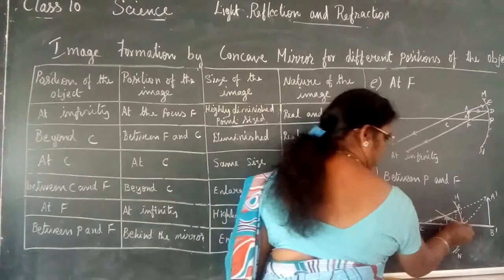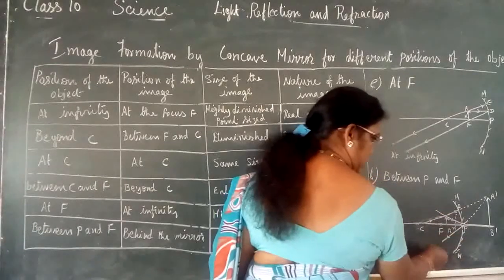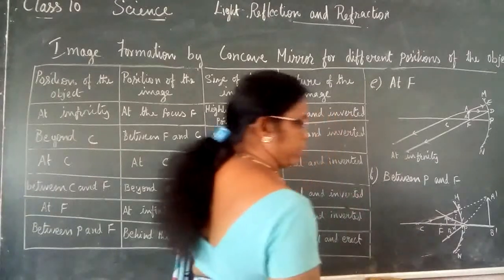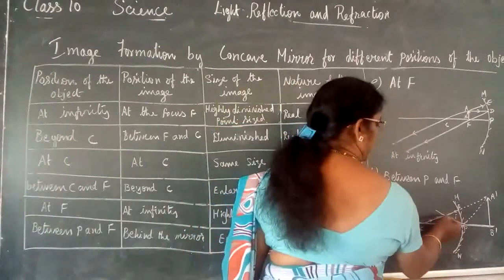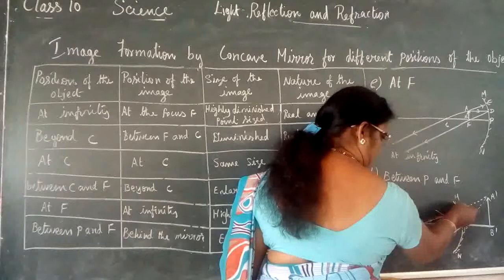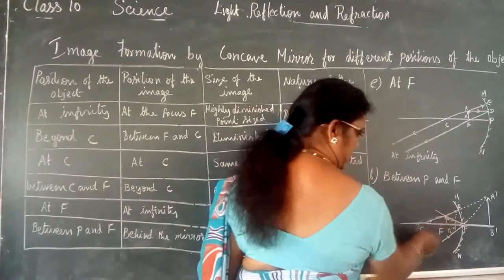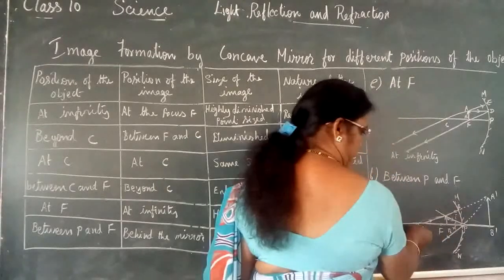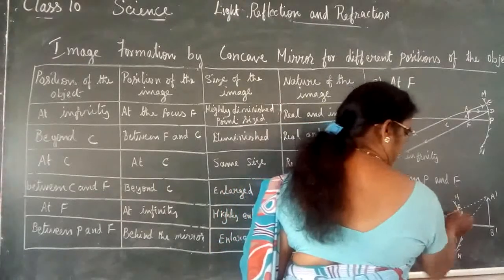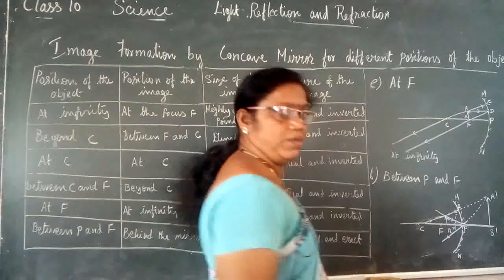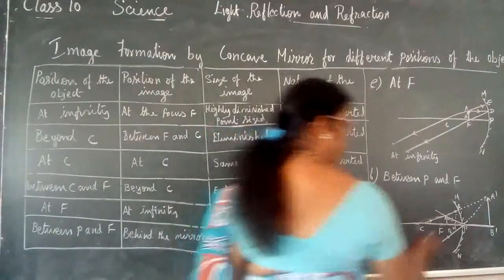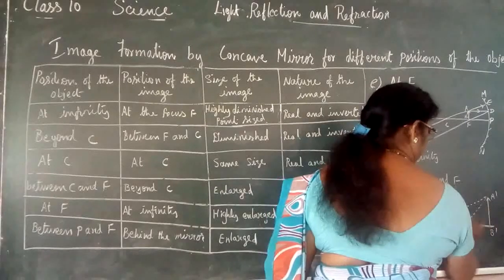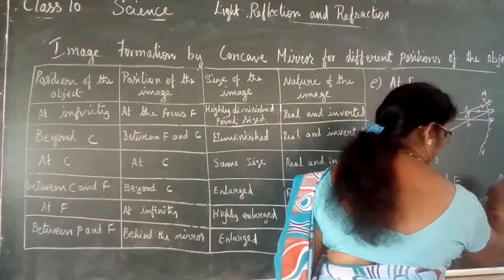The light ray comes back in the reverse direction, on the opposite side of the principal axis, and the light ray which passes through the center of curvature, when you extend it, comes back. When you extend here, these two rays never meet. So if we extend the two rays as imaginary lines, they meet at a point.